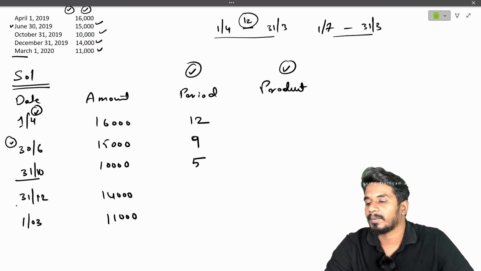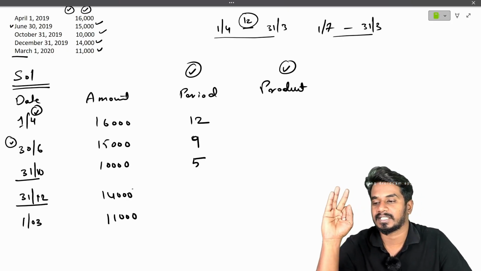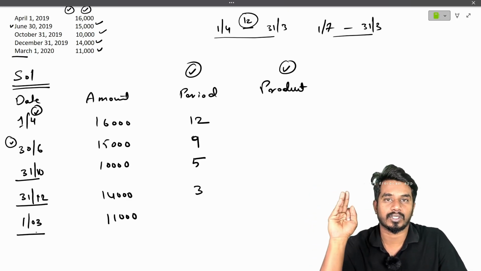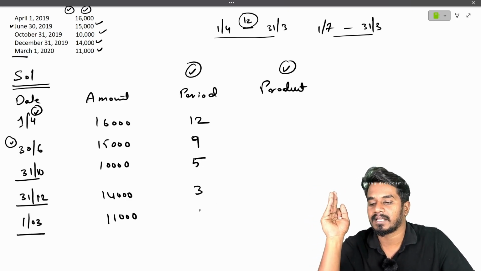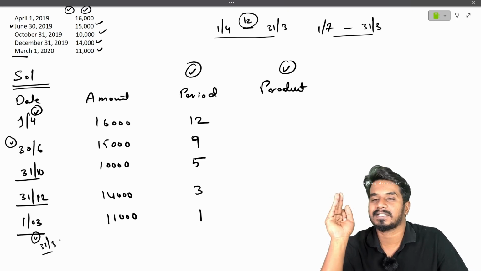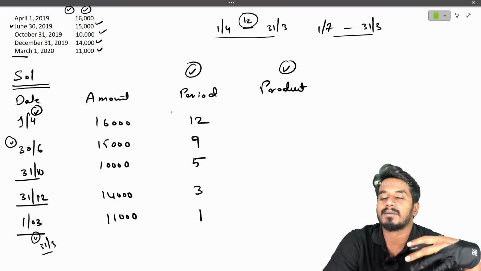From 31st December, which means January, February, March, the remaining months are only three. And she also withdrew on 1st March, which means there is only 1 month. 1st March to 31st March is only 30 days, so 1 month. Correct. So how can we get the product?